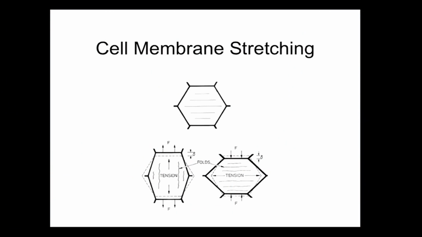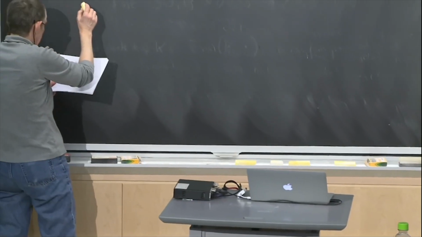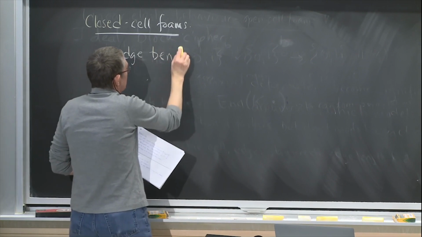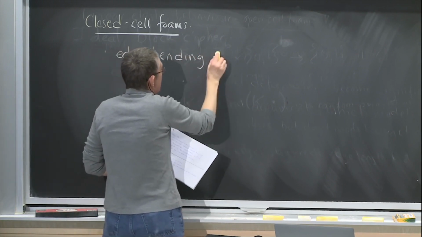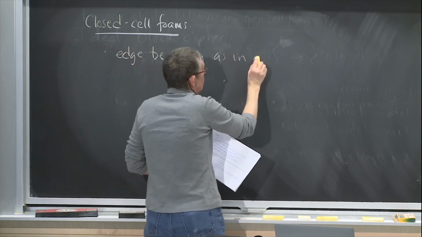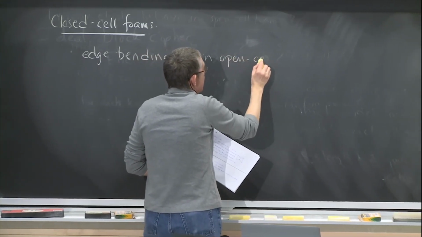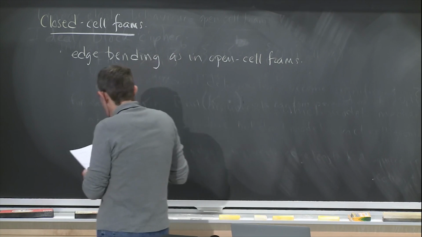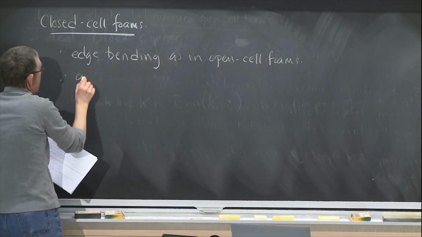And so when we analyze them, we have to account for both bending of the edges and axial deformation in the faces. So I'll just say we have edge bending as in open cell foams. And we also get face stretching.